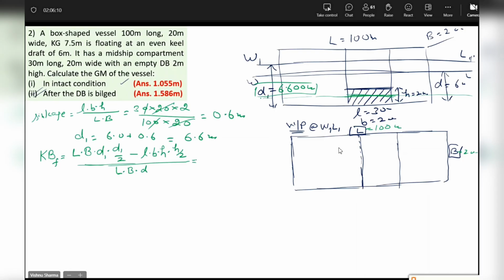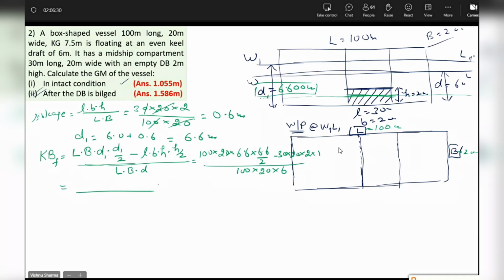This will be equal to 100 into 20 into D1, which is 6.6, into 6.6 by 2, minus 30 into 20 into 2 into 1, divided by 100 into 20 into 6.